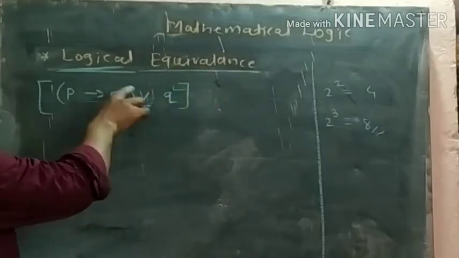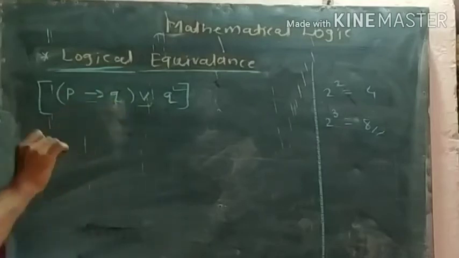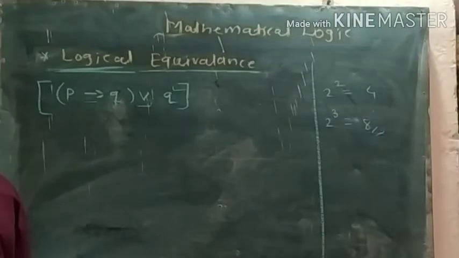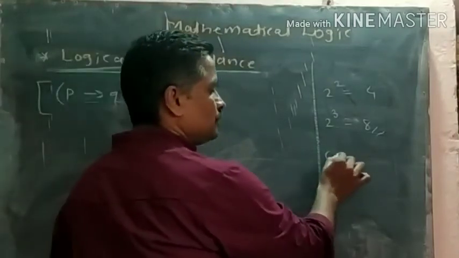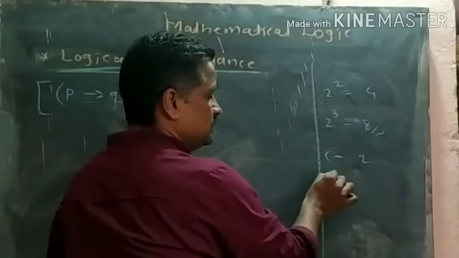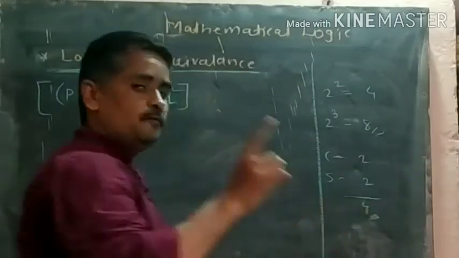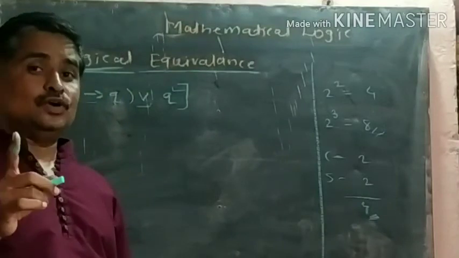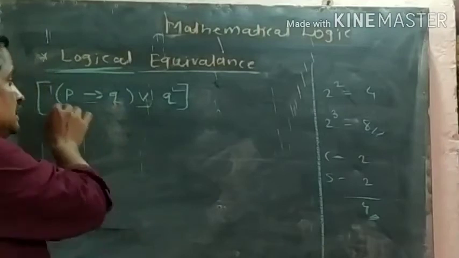So there are 2 basic connectives and the number of statements is 2. Taking C for connectives and S for statements, 2 plus 2 equals 4. So 4 is the number of columns present in this truth table.